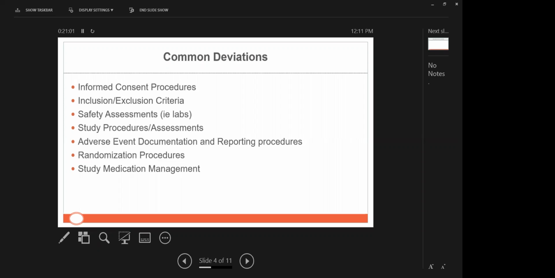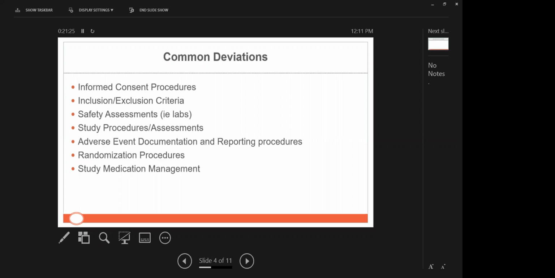That could potentially become a deviation because there are timelines for reporting these. And if they become a serious adverse event, then there's also IRB reporting that we would need to do. So make sure we're documenting and reporting those. Any deviation from that would obviously be considered a protocol deviation.